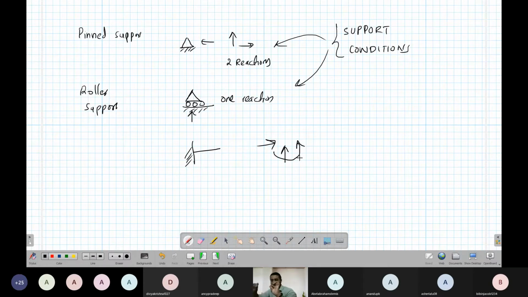If I pull it, it is not moving because my finger is reacting. If I rotate it, it is also not rotating because I am opposing the movement. That is why it is called a fixed support. If you are confused, don't worry. I will show you some more examples.